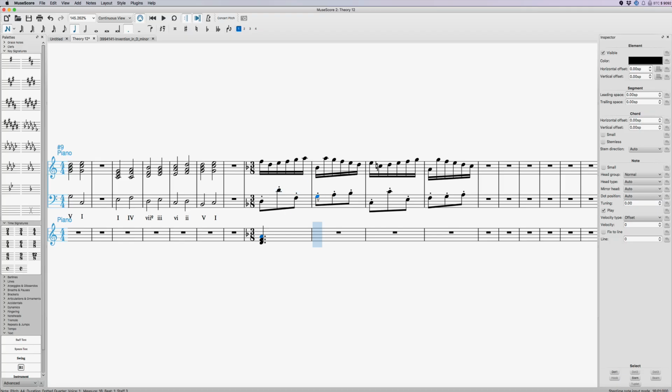So here we have G, A, B flat. Okay, so what chord can this be? Well, two of these three notes would be in a G minor chord, G and B flat. The strong beat here is going to be the downbeat, so that helps us with the G. Here's B flat, G, D. So I think G minor is a pretty good candidate.